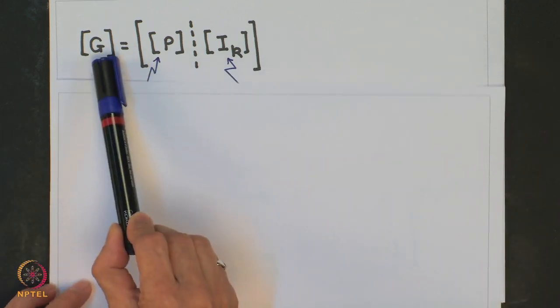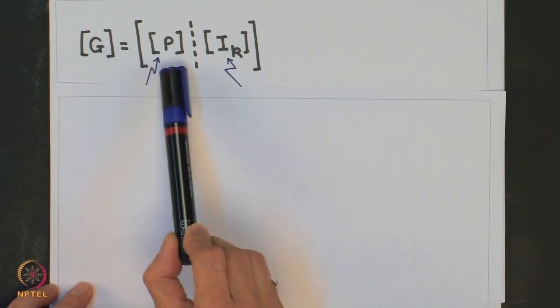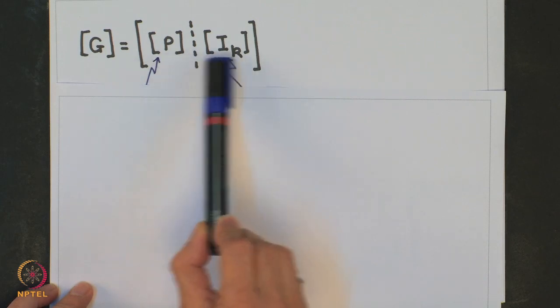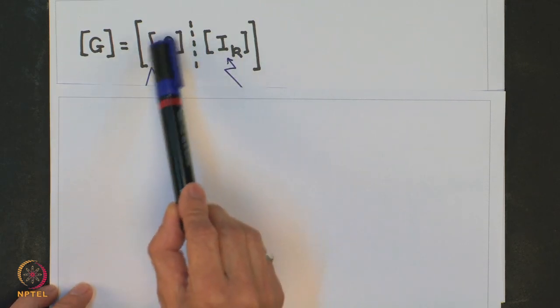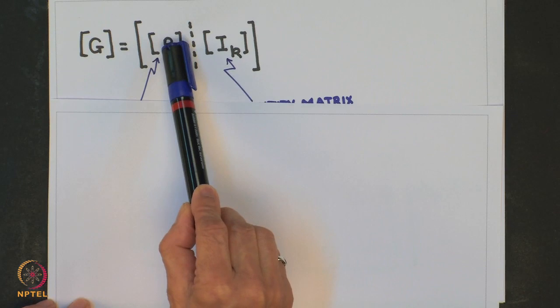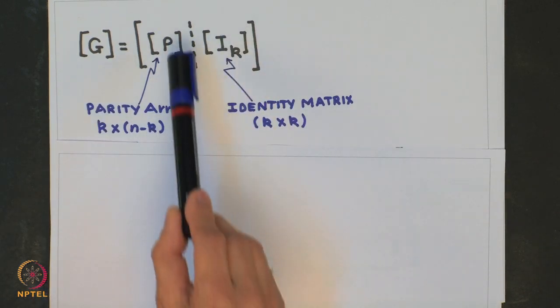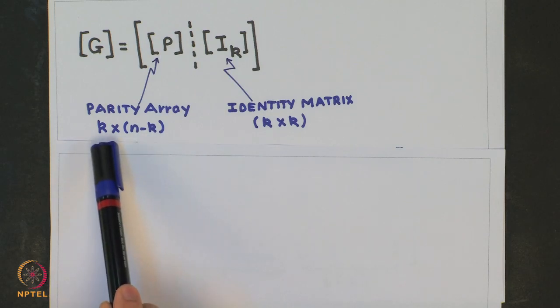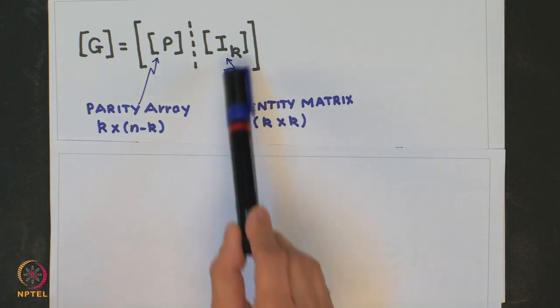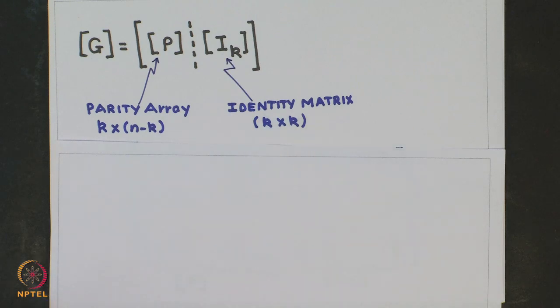So, the generator matrix G is partitioned into two submatrices. This is known as P array and this is the identity matrix. So, parity array is of the size k by n minus k, whereas the identity matrix is of the size k by k.